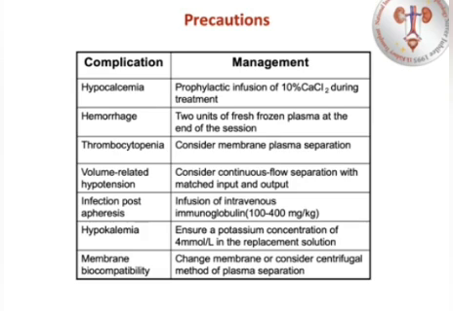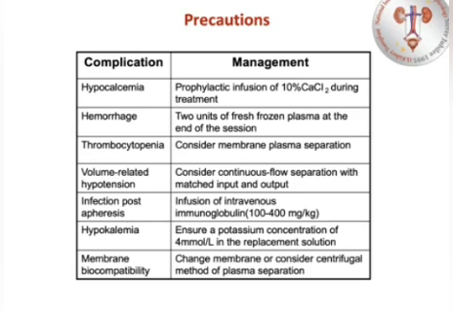Sequential replacement should be very sequential. The rate should be very matching, so you will not ultrafiltrate more than what you infuse, and also not vice versa. You should not introduce more than what you ultrafiltrate, because you might induce pulmonary edema in the patient. Infection post-apheresis: infuse intravenous immunoglobulin, 100 to 400 milligram per kg, because you lose immunoglobulins, so you are more prone to infection. So it's better to infuse the immunoglobulins.